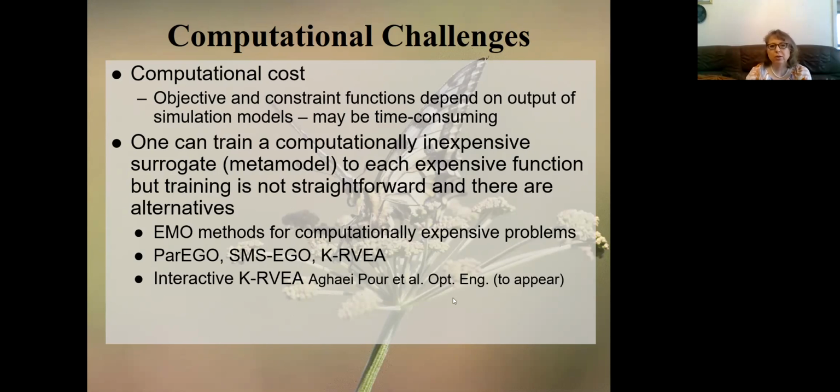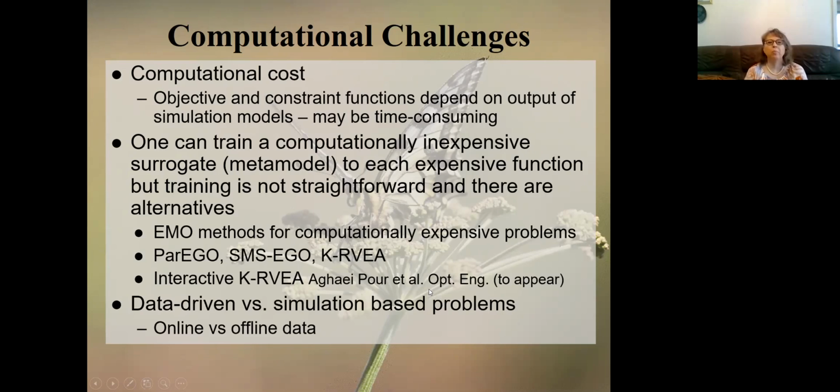There are evolutionary methods that have been following this reasoning, also an interactive one, but here I now talk about other types of approaches for dealing with the computational cost matter.